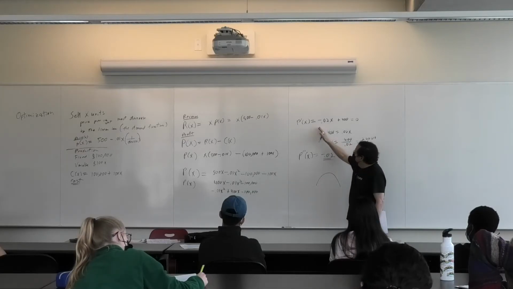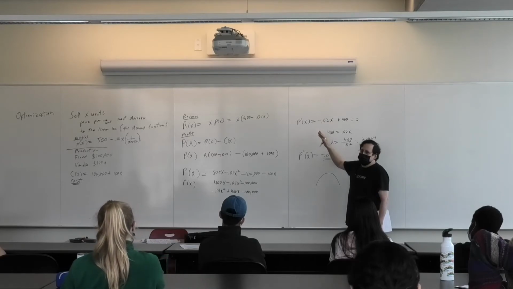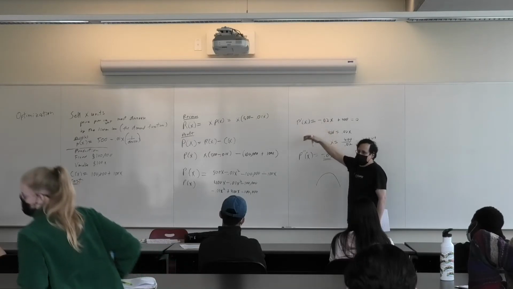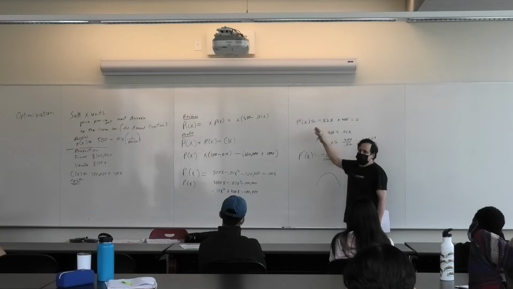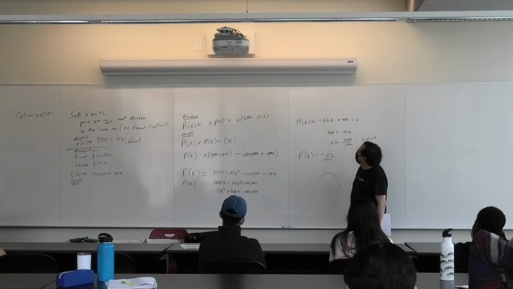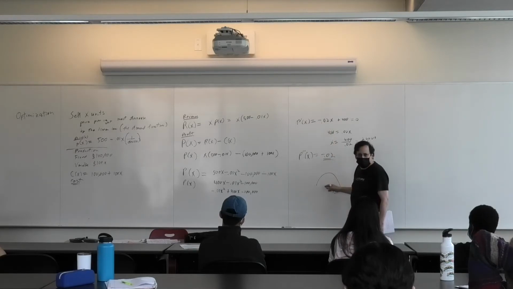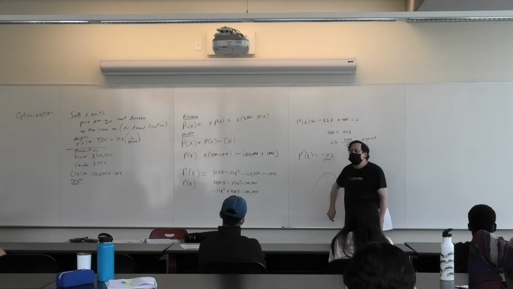And that works even if your critical point isn't on a continuous curve, if we had an absolute value function. But in this case, the best way to do it. Okay, thank you.